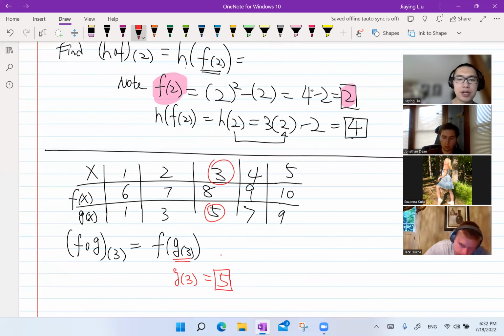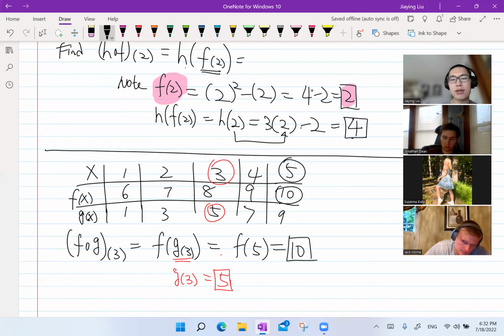And this 5 is going to go into the parentheses to replace g of 3. So this becomes f of, instead of g of 3, we're going to put 5 there. Now we need to find f of 5 using the table. So x equals 5, f of x equals 10. So that's the final answer. f of g of 3 equals 10.